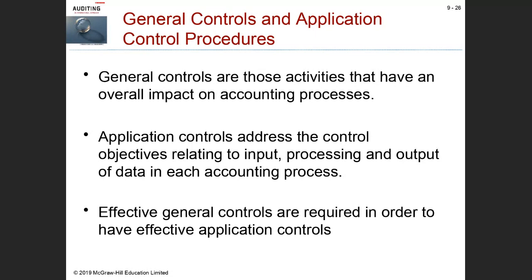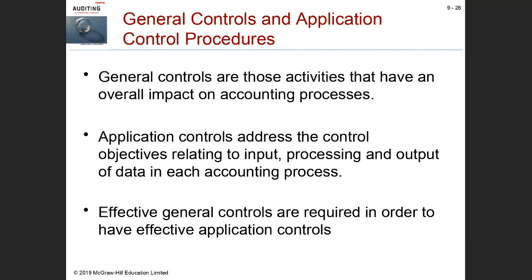And then the application controls, as it mentions here, address the control objectives. What are the control objectives? Validity, authorization, completeness, those control objectives relating to the input of data, the processing of data, and the output of data. And so we think about an IT system today.